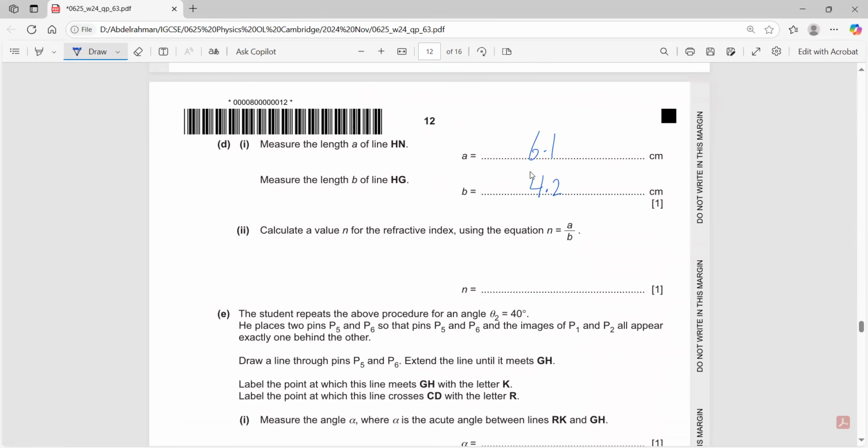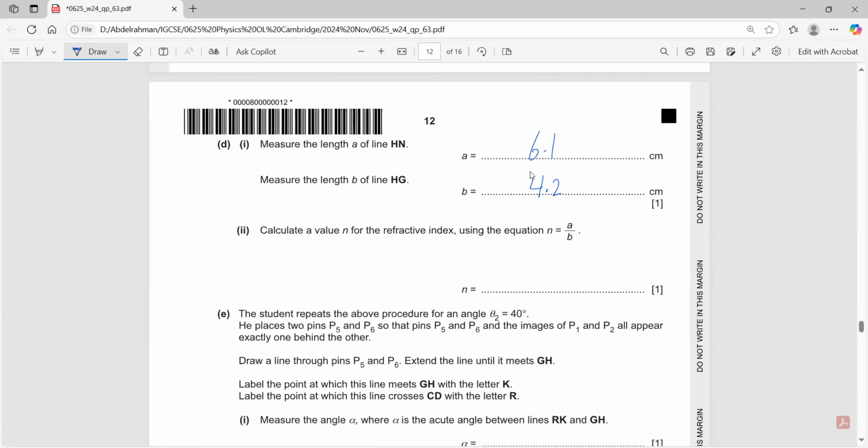Again, if your readings are slightly less, it would be okay. If your distance is 5.9 instead of 6, that might be acceptable. If your other distance is 4.1 or 4, again, it might be acceptable. This is due to the printing error.